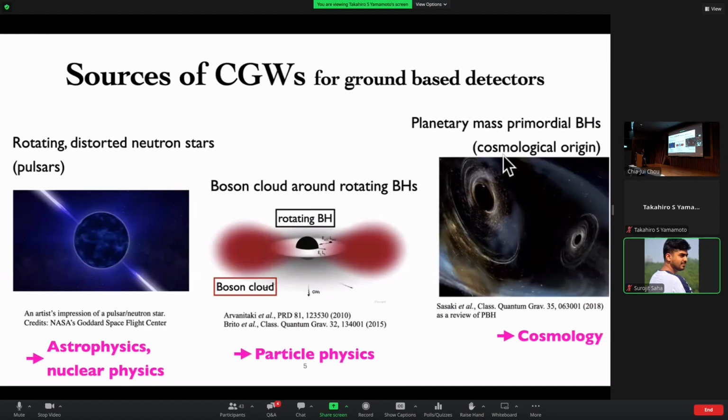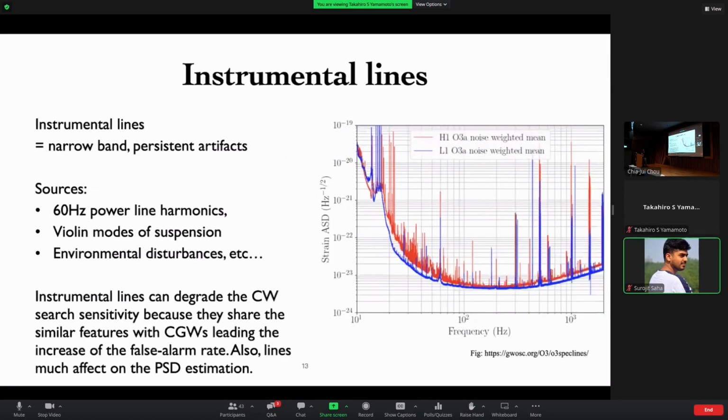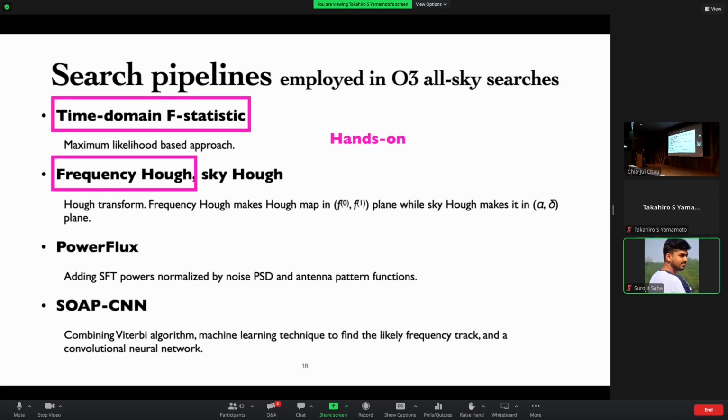Okay, that's great. So I think we are almost at the hour. Sorry, do you have more? I should introduce the two methods. These introductions are related to the hands-on session. I will introduce what's going on in the F-statistic method and how to transform.